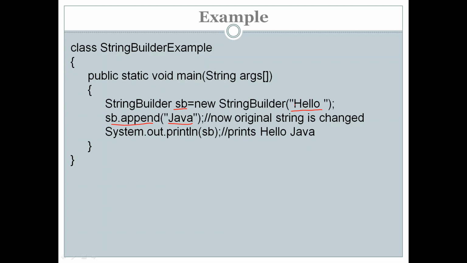So originally it was only hello, then I appended Java to it, so now the new string stored in sb is hello Java. When I print System.out.print sb, this time it will print hello Java. So this is how you can create an object of the StringBuilder class in Java.